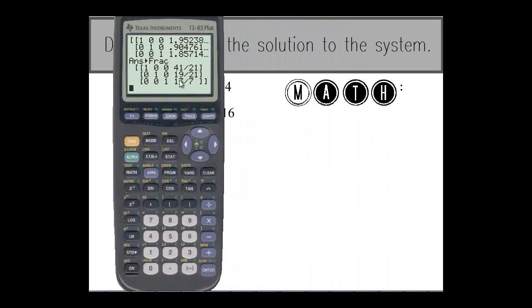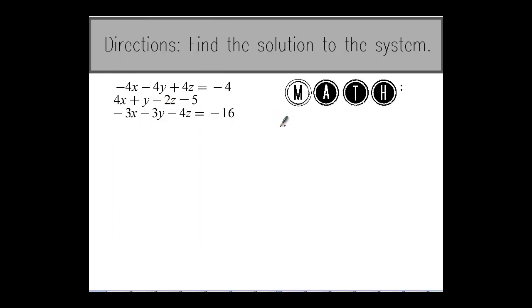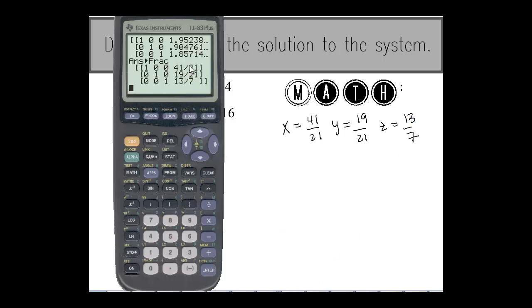Now that we have our solutions in fraction form, we can go and write them down. Our x value is going to be 41 over 21. Our y value is going to be 19 over 21, and our z value is going to be 13 over 7. Recognize that the calculator intuitively puts them in alphabetical order, so the first solution will always be x, then y, then z.